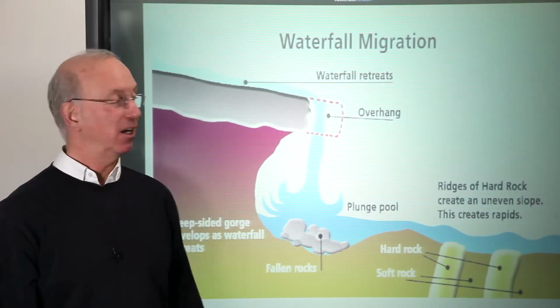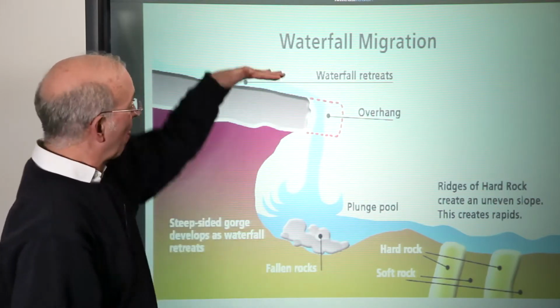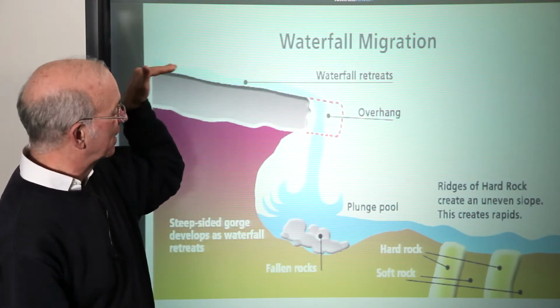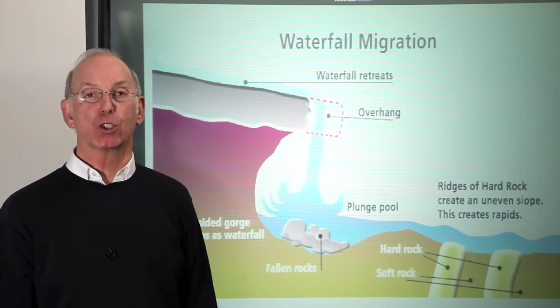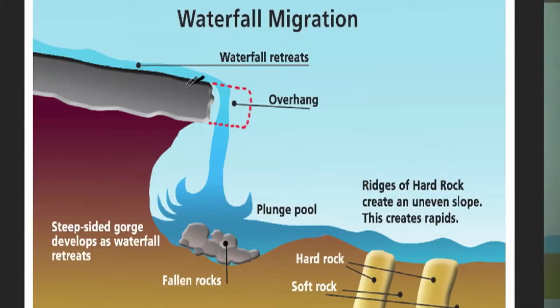All rock strata does not dip in this angle. Notice the word dip. That's the dip of this layer of rock. But let's alter the layer dip by putting in a new layer. We'll take it from there. And now you can actually see this layer of very hard rock dips upstream.